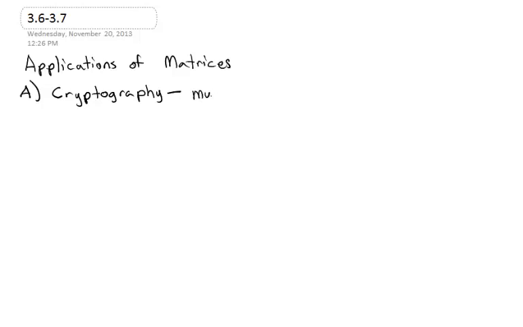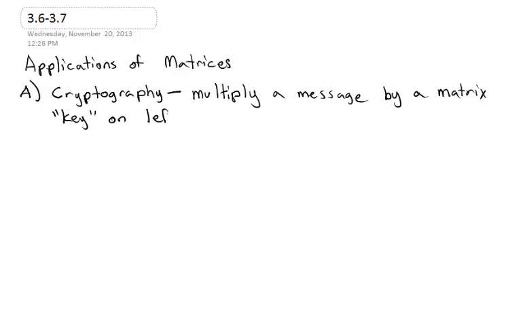We're going to multiply a message by a matrix key on the left to code the message.